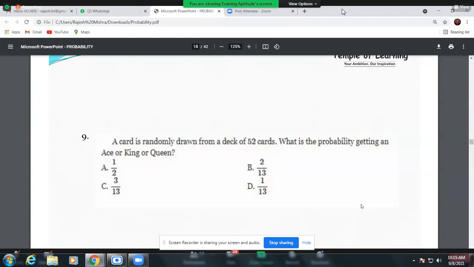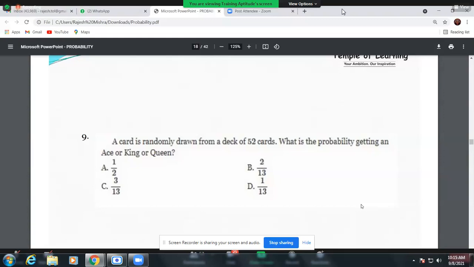What is the probability of getting an ace? How many aces are there? 4. So the probability of getting an ace card is 4 upon 52. That is 1 upon 13.